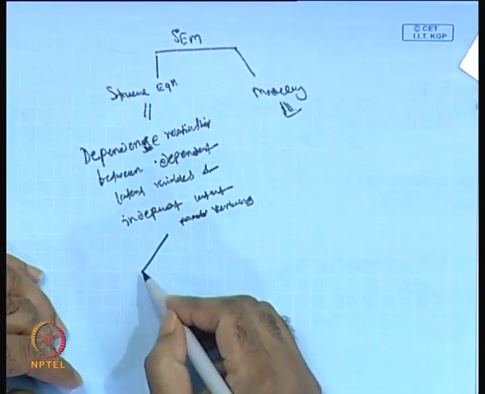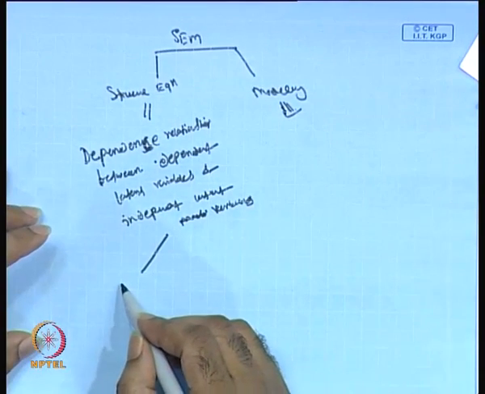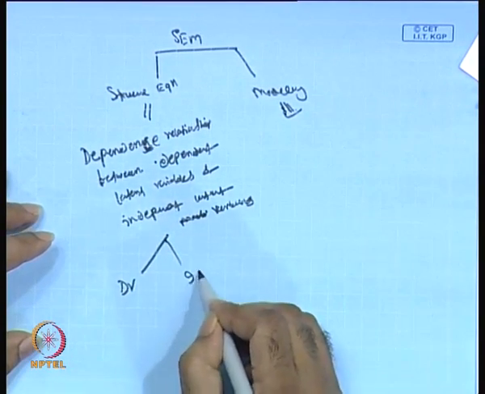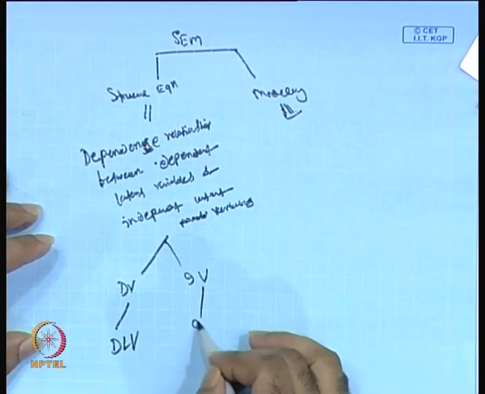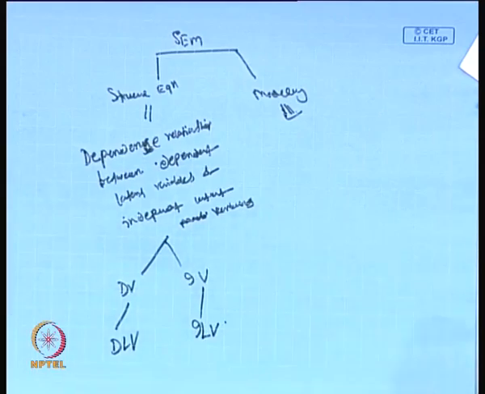The structural equation is the dependency relationship between dependent latent variables and independent latent variables. So it is a question of dependent clusters and independent clusters. We know dependent variables and independent variables, but here we are discussing dependent latent variables and independent latent variables, which is something more than the structural equation modeling.